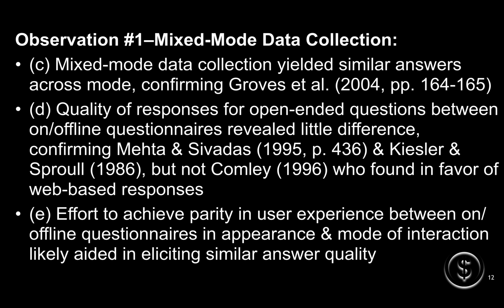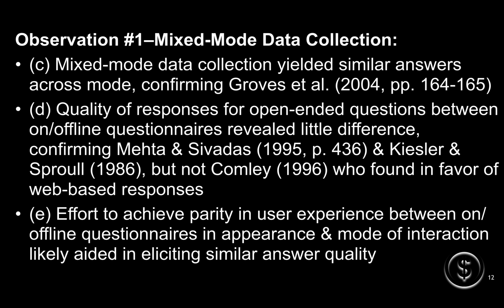When I looked at reliability checks, they seemed very similar. D, in terms of quality of responses for open-ended questions between online and offline questionnaires, it revealed little difference, which is great. So the quality of responses seemed similar. And finally, E, this effort to achieve parity in user experience between online and offline questionnaires, in appearance and mode of interaction, likely aided in eliciting similar answer quality.